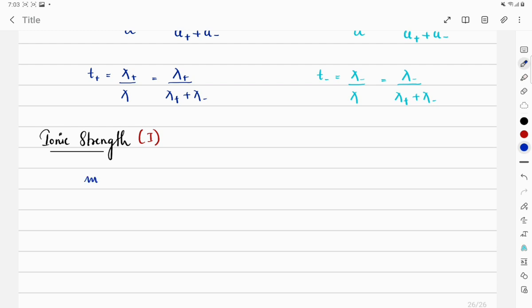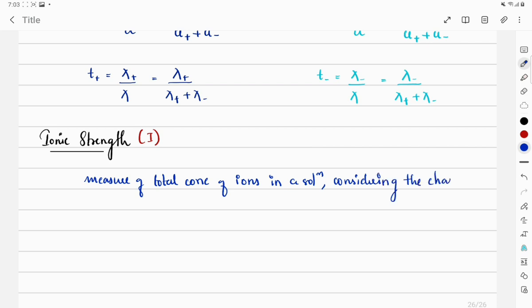So ionic strength is a measure of the total concentration of all ions in a solution while considering the charge of each ion. So this is called ionic strength.